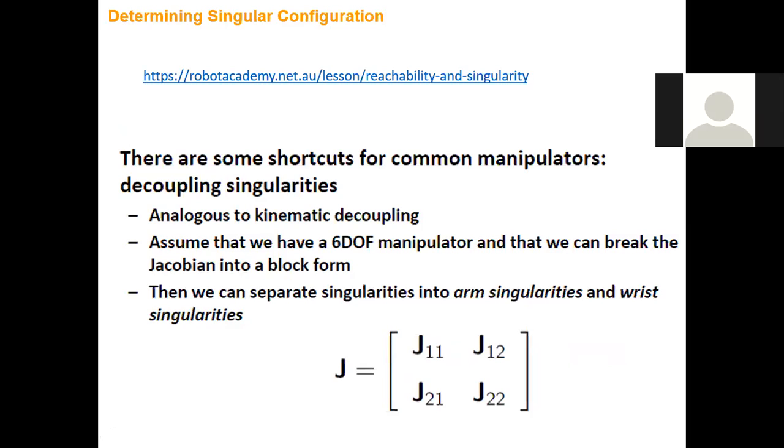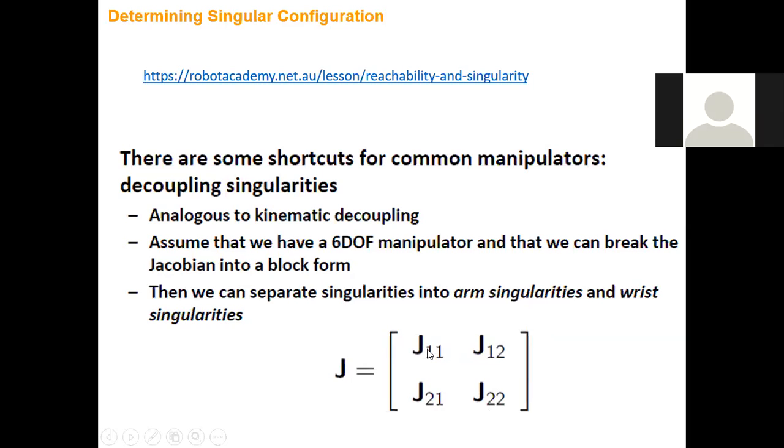Yes. Okay. So now J11 is a Jacobian, and J12 is also a Jacobian, J21 also, J22 also. And this J is the Jacobian of Jacobians. Now what is the top part? The top part is the linear part of the Jacobian, and the bottom is the angular part of the Jacobian, right? We know that.